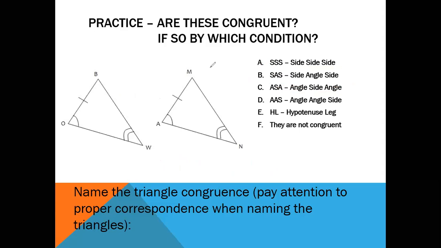Angle, side. Good. Angle, angle, side. Good, TJ. All right. Triangle BOW is congruent to... What matches with B?